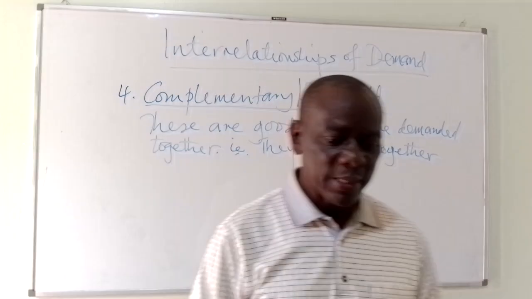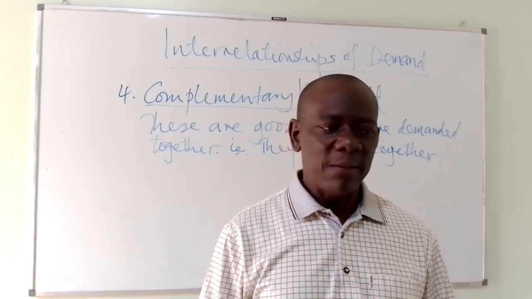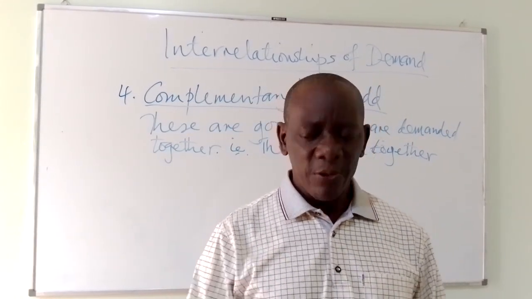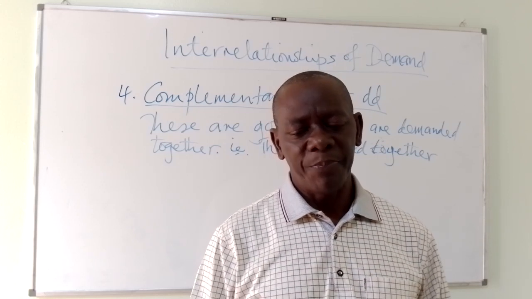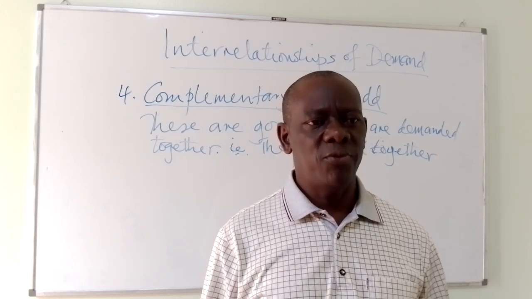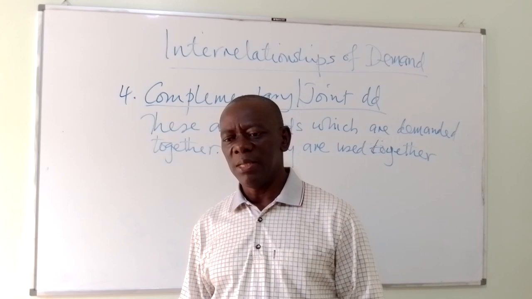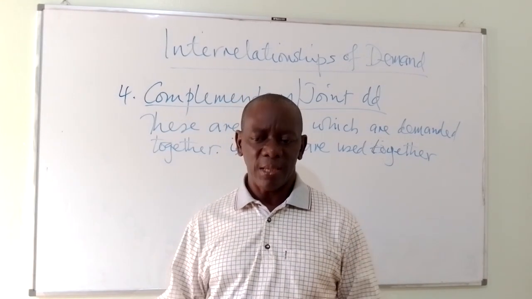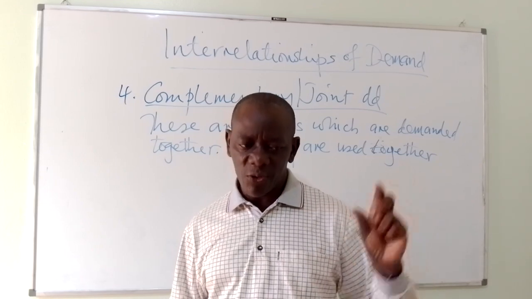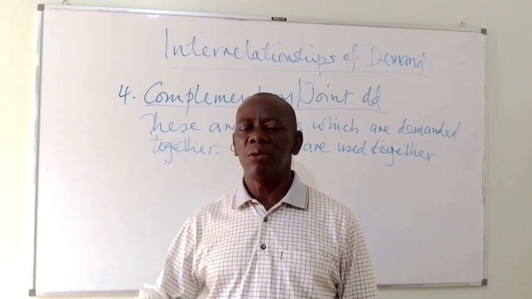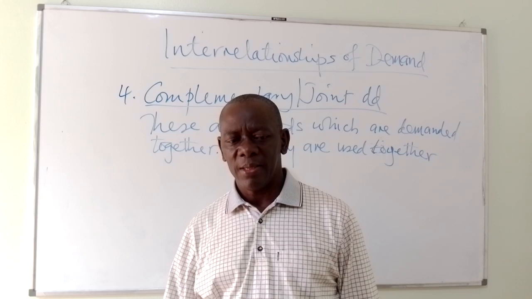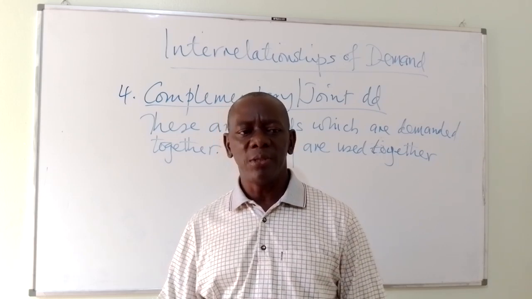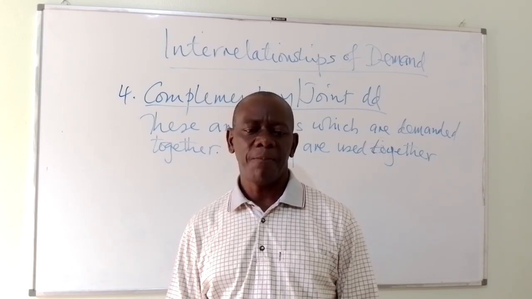We use them together. With this demand, the moment you demand this commodity, you must also have the other one. Sometimes students confuse these two with derived demand. Derived does not mean that you use these things together, but that the demand for this commodity leads to the demand for another commodity. They may not be used together.